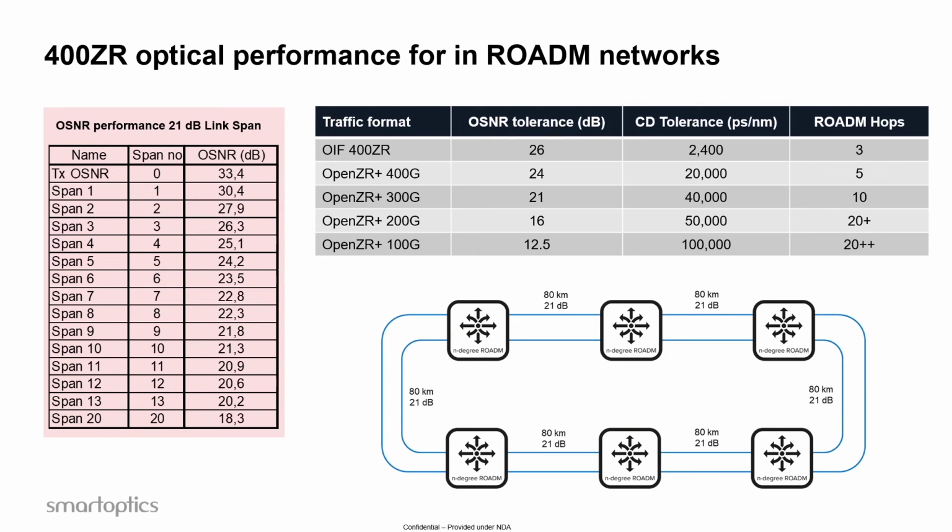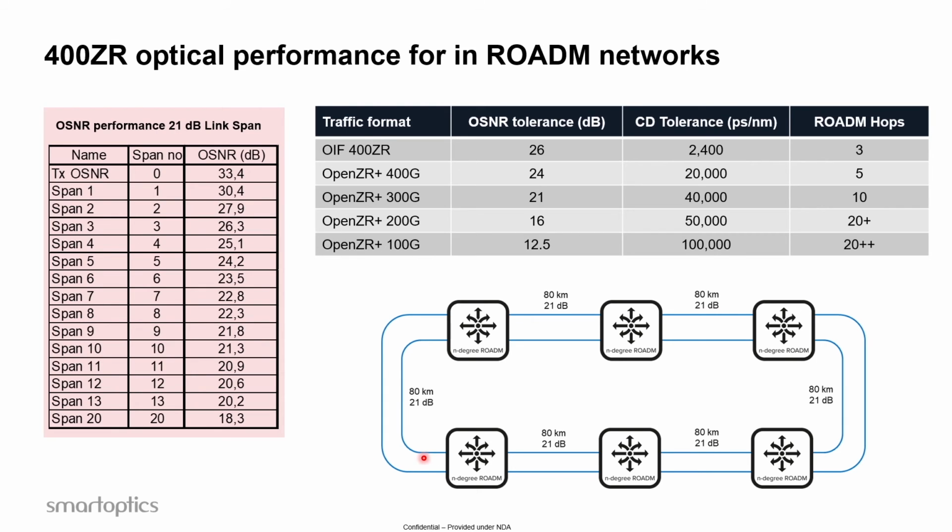We use standard amplifiers with the same performance as I mentioned before. We run it at an optimized link configuration with 80 kilometer and 21 dB link loss. So the table that you see here is based on those conditions.